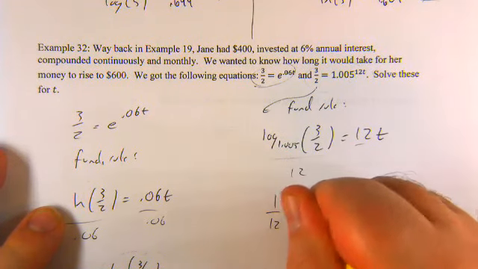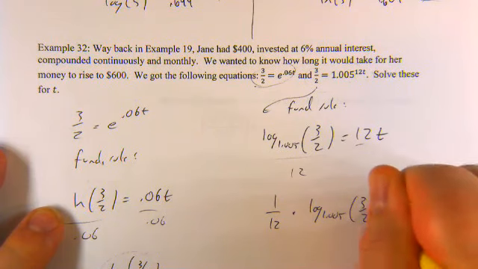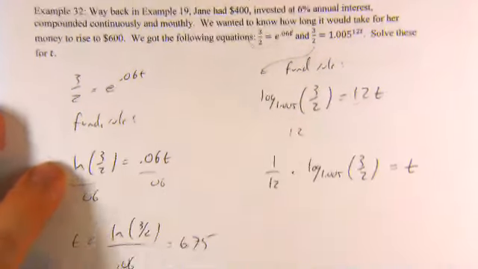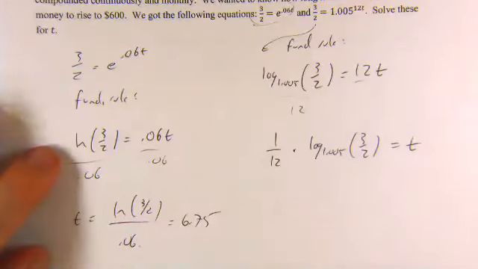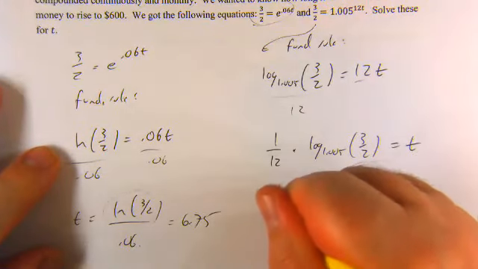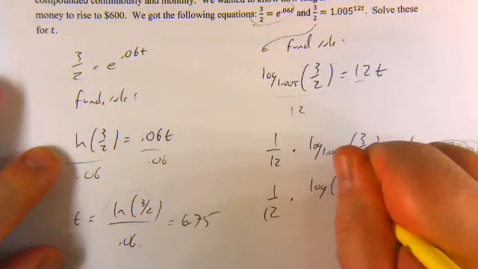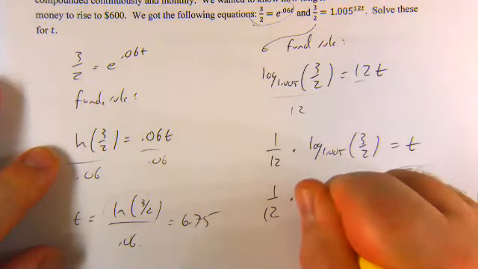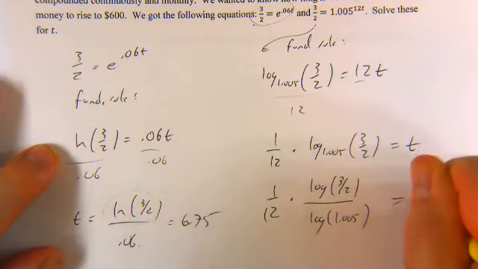I'll just write it as 1/12 times log base 1.005 of 3/2 equals t. So there's my answer, but I don't know what this is. But on the other hand, I can calculate that, because that's log base 10 of 3/2 divided by log base 10 of 1.005, and that equals t.